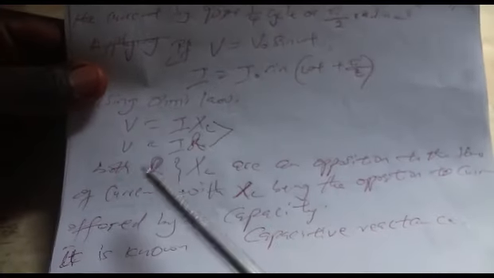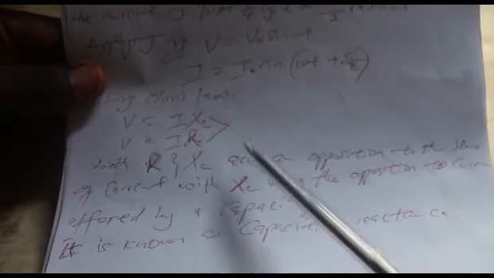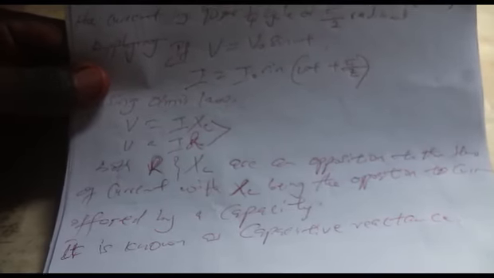So here we say both this XC and R are an opposition to the flow of current, with XC meaning capacitive reactance, that is the opposition to the flow of current offered by a capacitor in an AC circuit.